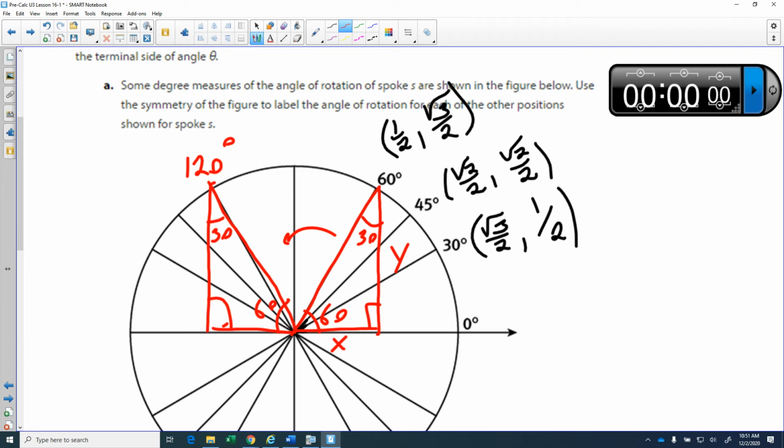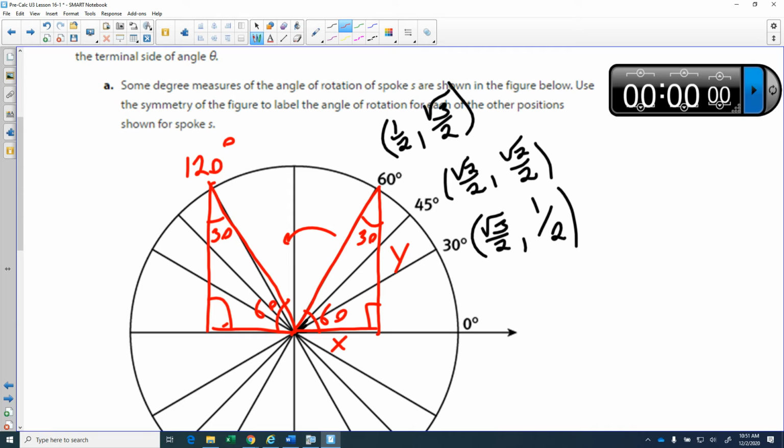We have a 30, 60, 90-degree triangle, which means the actual coordinates of x and y have to be the same, if not similar. The only difference now is we want to reference back to a unit circle and how it's on a coordinate plane.